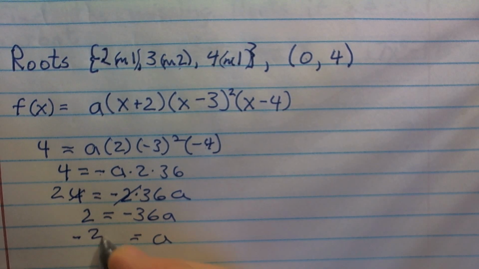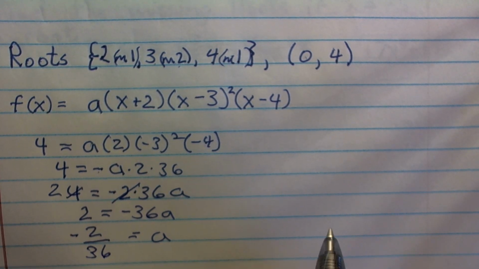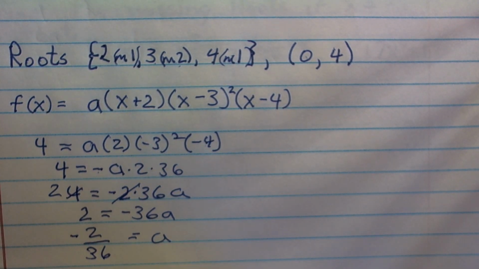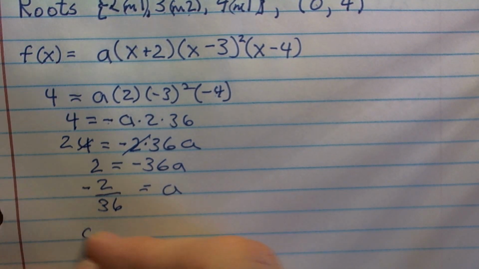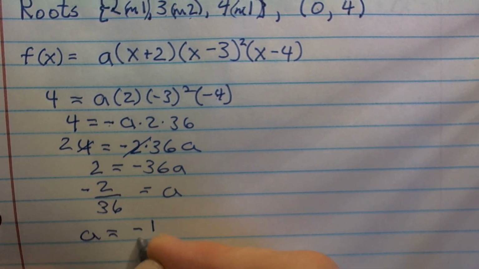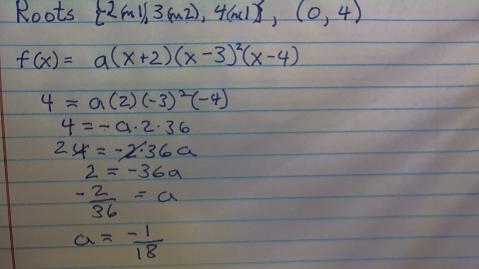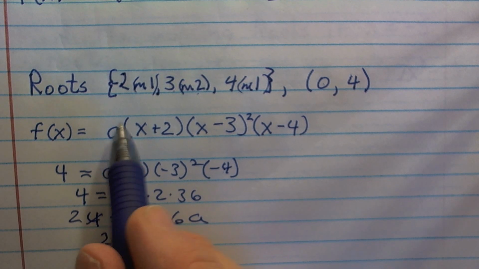I get negative 2 over 36. Okay. So there's what our a is. And I guess that will divide into negative 1 over 18. So we get a equals negative 1 over 18. Yeah, that's it. So that's what goes right here.